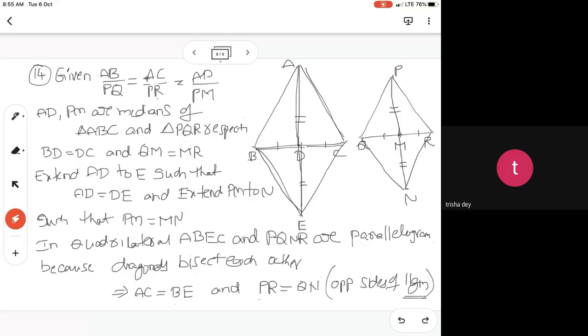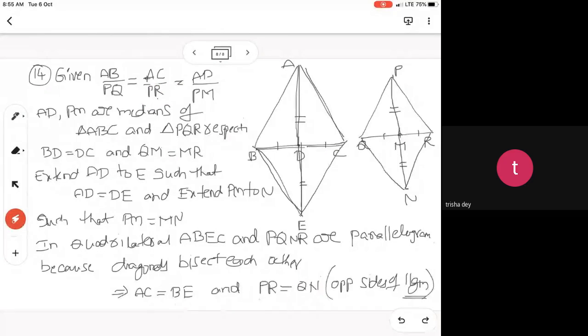Double of AD is nothing but this. Here AC will be replaced by BE and PR is replaced by QN, and 2 multiplied in the numerator and denominator.